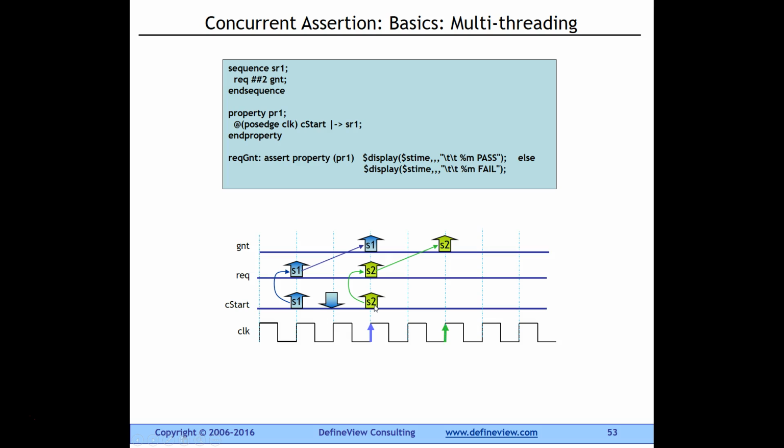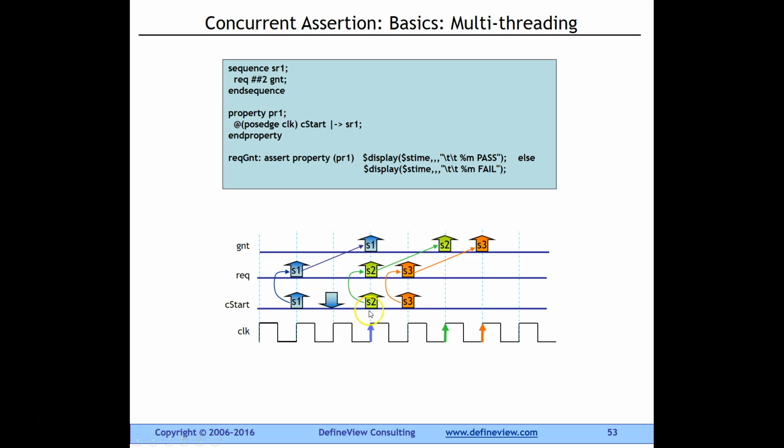That is multithreading. It's not like because the first thread was ending here that it will ignore the second thread. So the second thread starts the same clock as the first thread completes, and it will go through this property and sequence exactly like the first one, and it will pass at this clock edge.